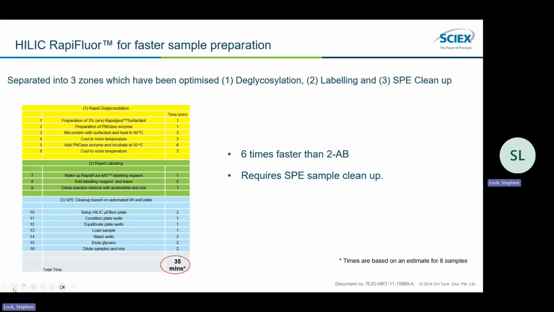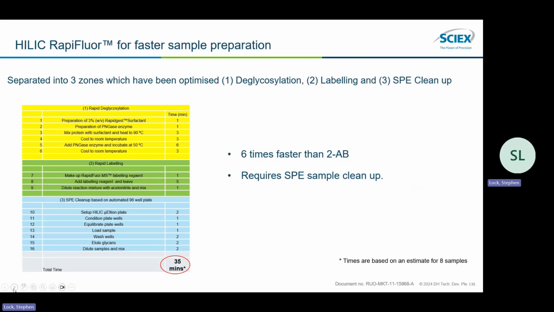The other thing you want to do to speed up HILIC analysis is change your labeling reaction. RapidFluor is a label which you can buy from Waters Corporation. This really speeds up the analysis because it speeds up the derivatization step. Where you were taking hours, now you take 35 minutes, and you can automate this.